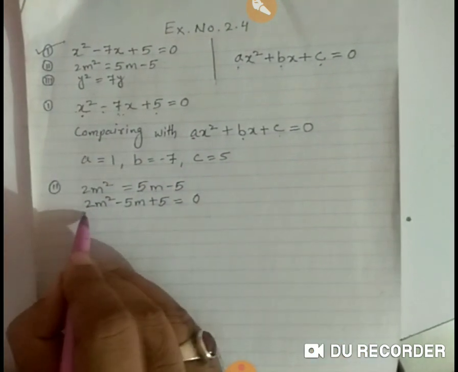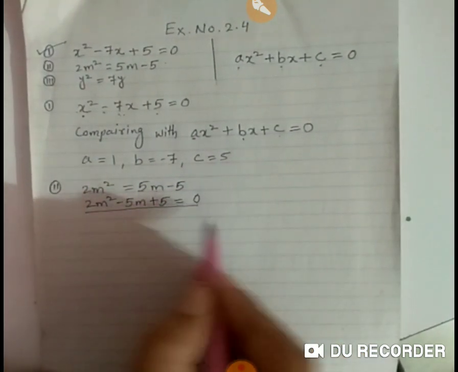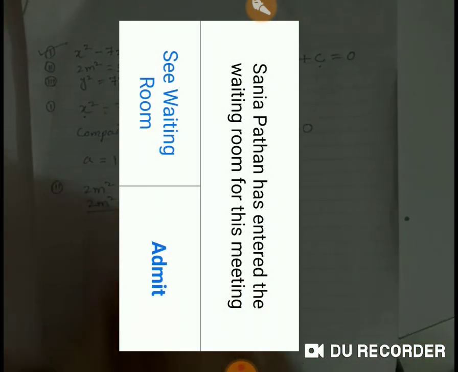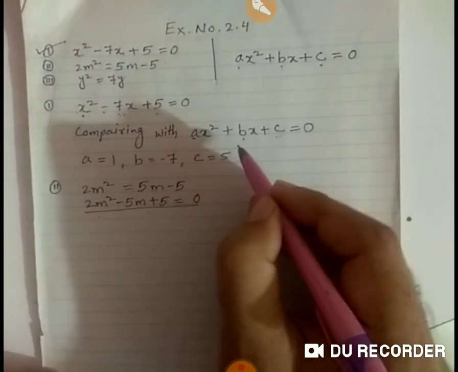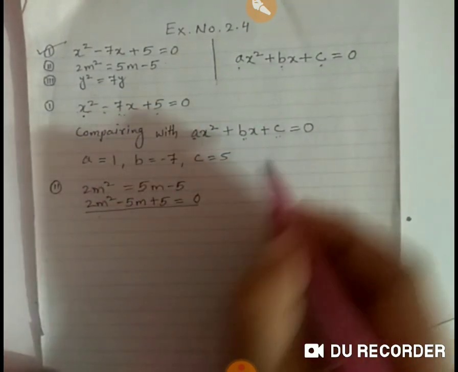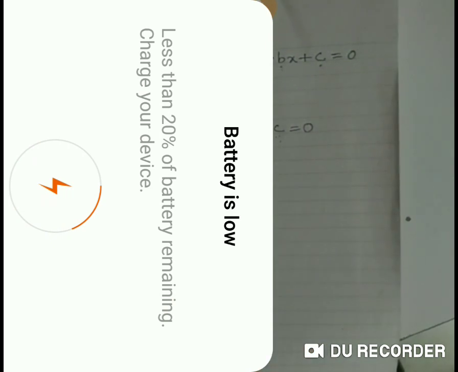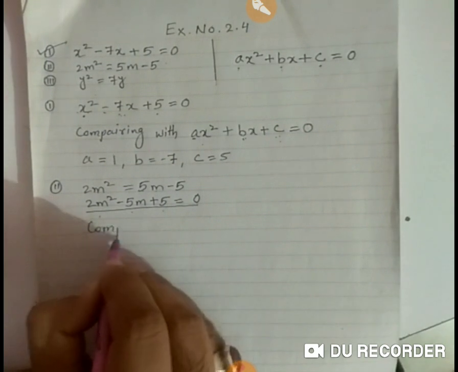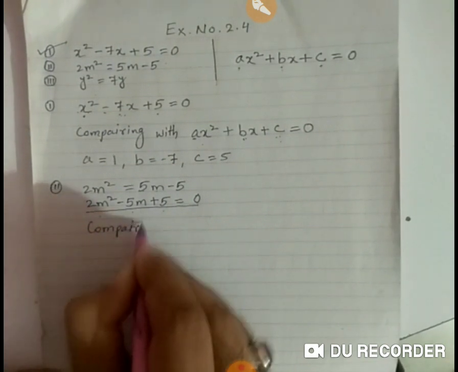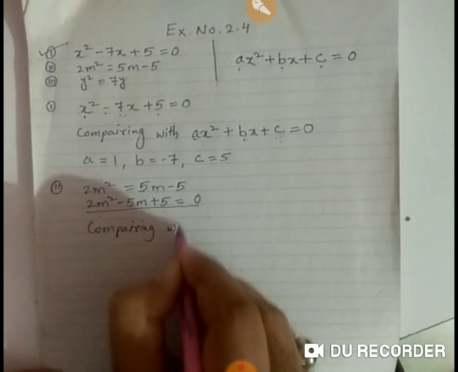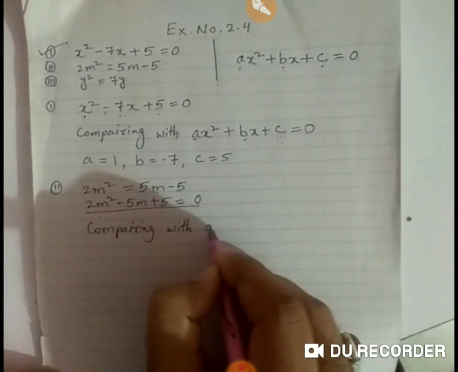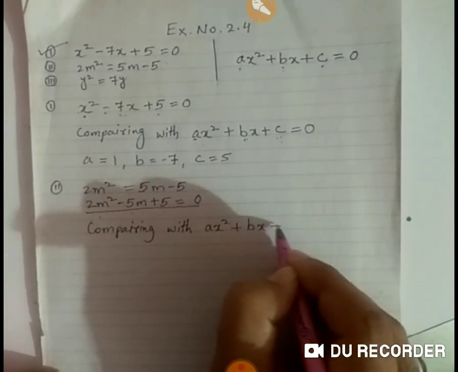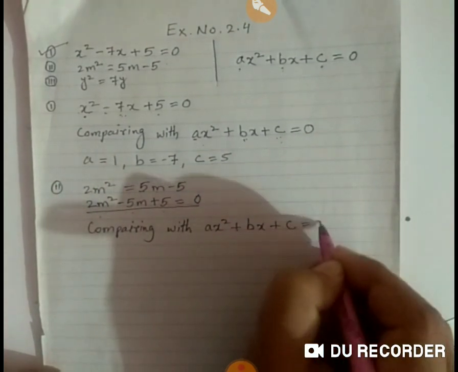Now this equation is the same as your standard form, ax square plus bx plus c: 2m square, bx minus 5m, c 5. So I'm going to make the comparison, comparing with ax square plus bx plus c is 0.